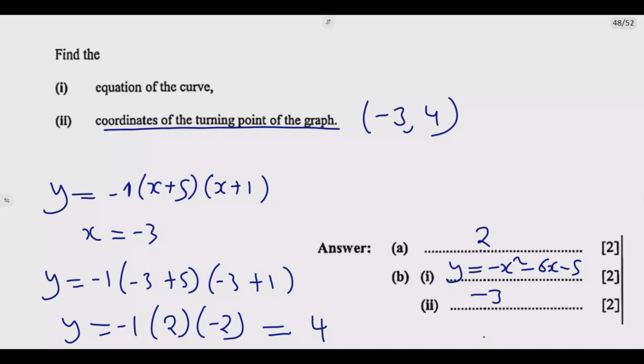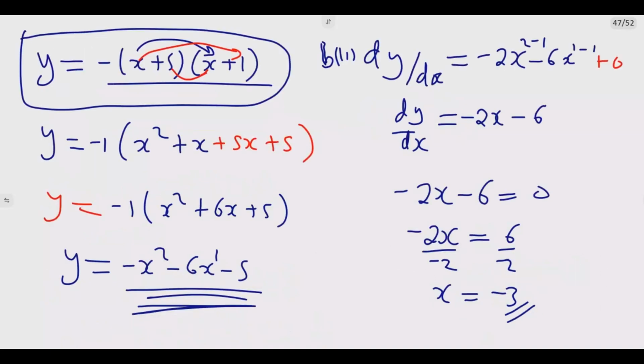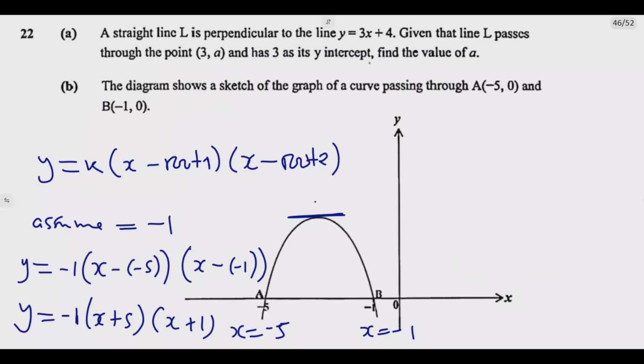So what this means is, if I come and look at this graph, this point here, negative 3, 4, that's the point where the graph is changing from. That's what we are looking for. So this is how you answer this question.